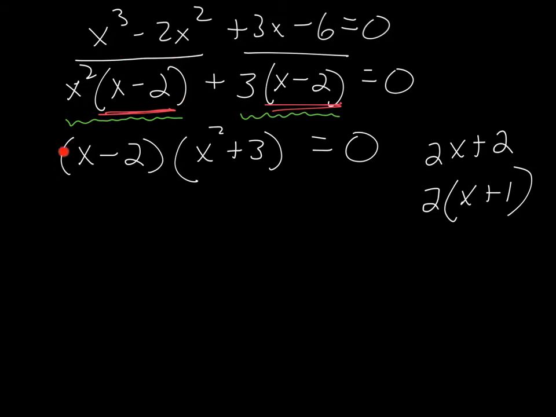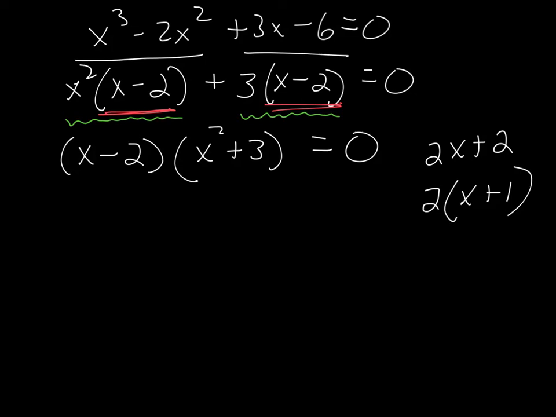And notice that this times this equals this, 3 times x minus 2. So the x minus 2 could be distributed into these two things to create this. I'm just doing it backwards. I'm pulling out the x minus 2, putting it out front, and then I'm writing this plus this here so that this would distribute. Stare at that. If you need to pause it because you need to understand what just happened there.